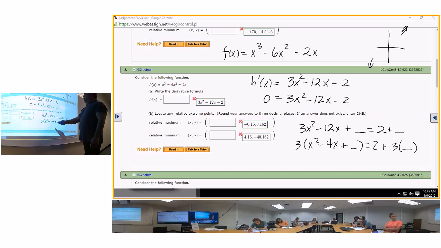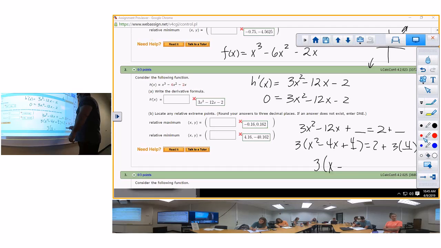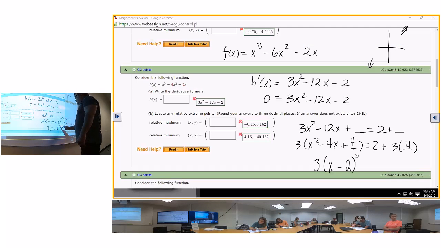So half of 4 is what? 2. 2 squared is 4. So that's going to give you 3 times x minus 2 quantity squared is equal to, what's 2 plus 12?